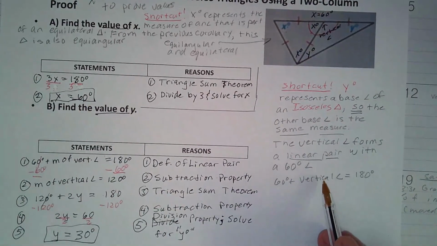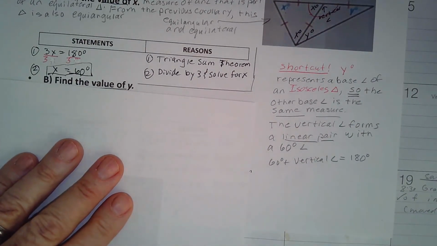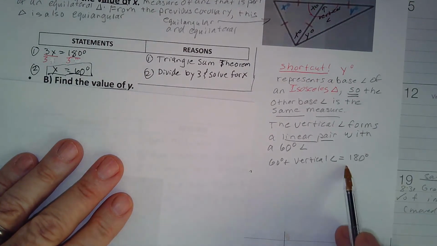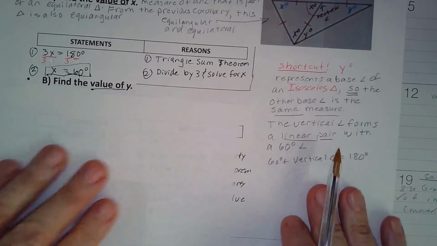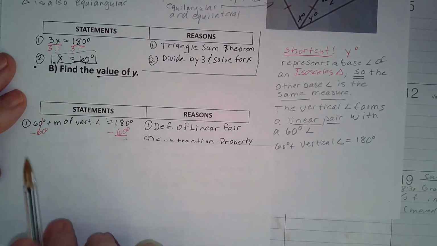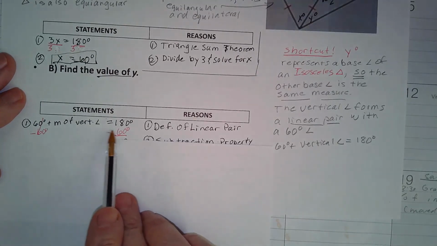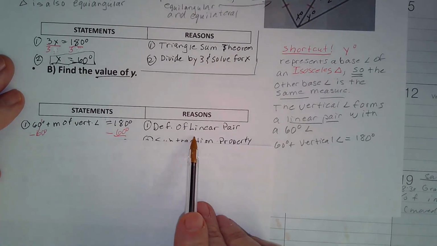So, knowing that, 60 degrees plus the vertical angle has to equal 180 degrees. Now, let's go over and do our proof. So we'll take that, 60 degrees plus the measure of the vertical angle equals 180 degrees. And that's the definition of a linear pair of angles.